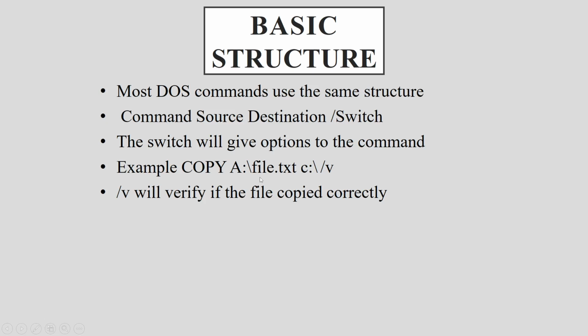And we have here /v, which will verify if the file is copied correctly. Okay? So the structure is we have to specify the basic command. MS-DOS is not case sensitive, meaning you can use either lowercase or uppercase for specifying the basic commands, like lowercase copy or copy in all caps.